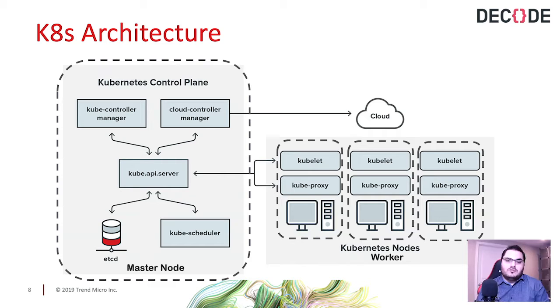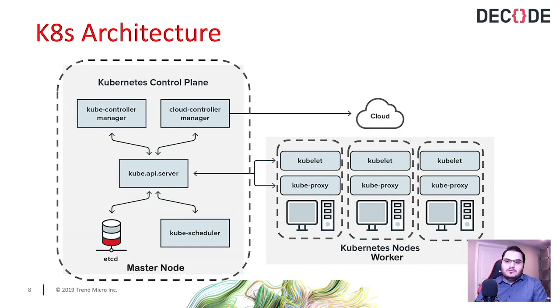You have the Kube controller manager, right? Which is responsible for many internal tasks, like noticing when a node is not responding, maintaining the correct number of pods that is required for a specific application, stuff like that. And you have the Kube scheduler, which decides where to execute the pods, which node each pod is going to go into, right?